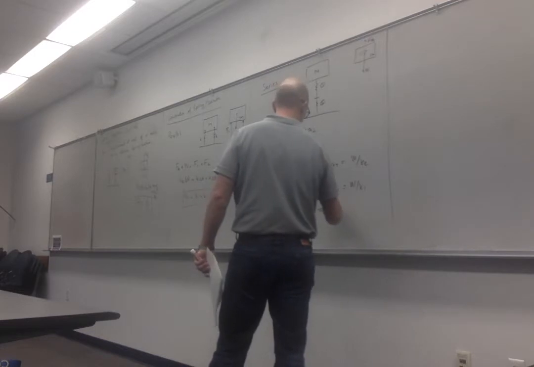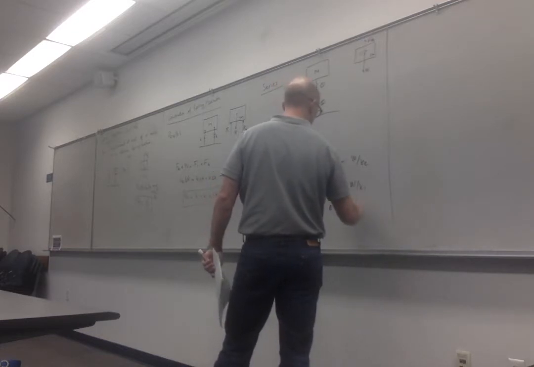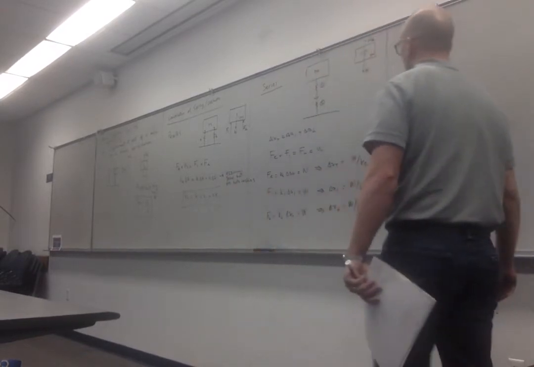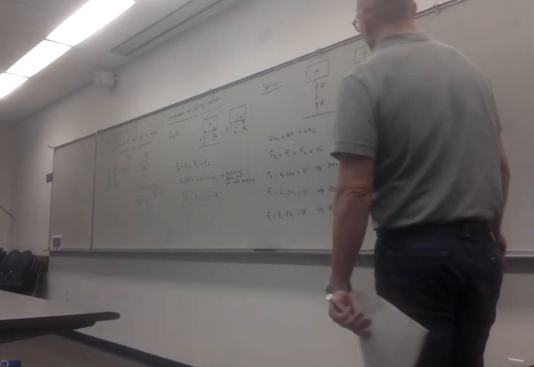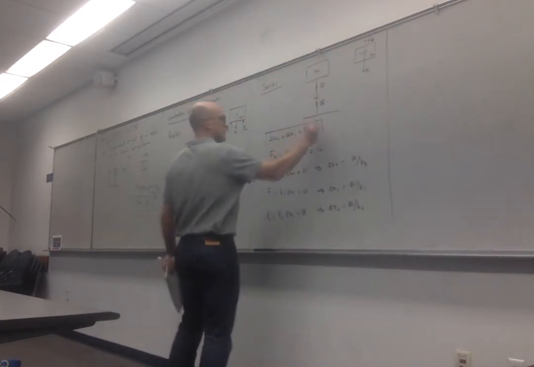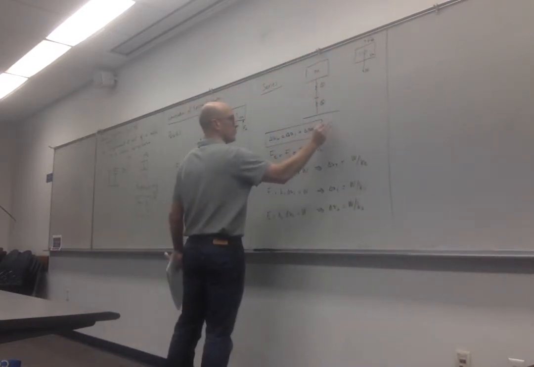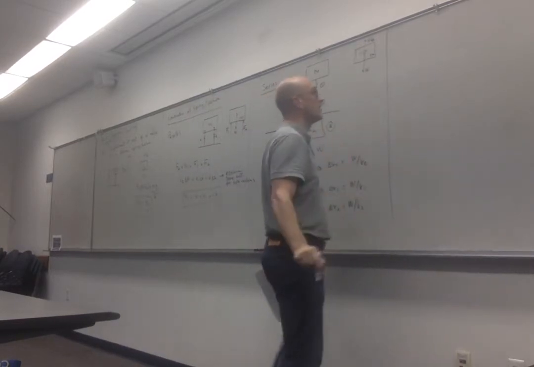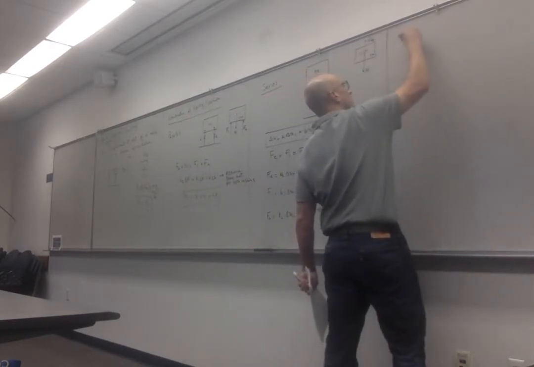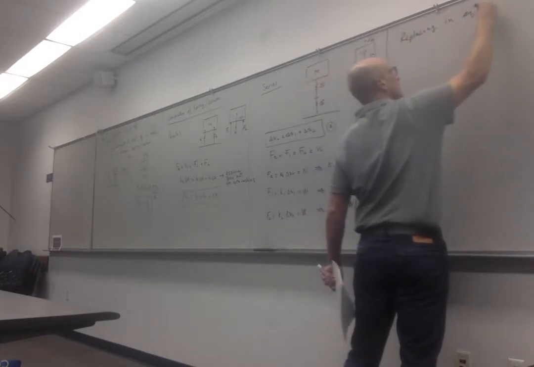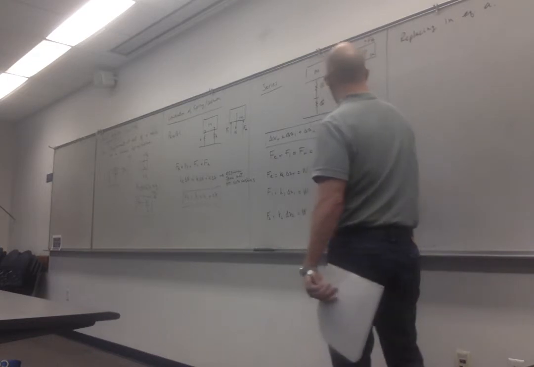That means that delta x2 will be equal to the weight divided by its stiffness, K2. So if we call this equation A, we'll replace that in equation A.